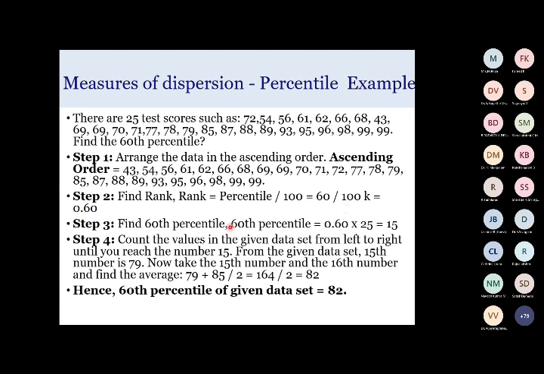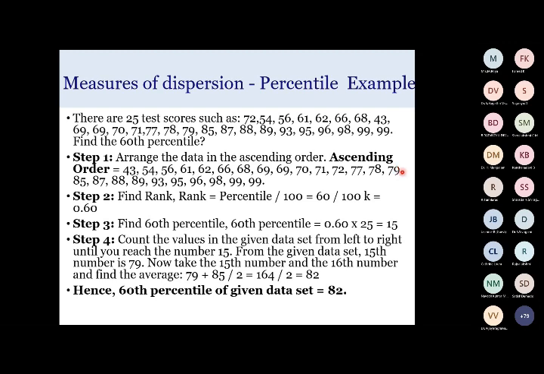Then you have to multiply it with the number of samples. There are 25 test scores. So 0.60 times 25, you will get the answer as 15. So you have to identify the value at the 15th position. In the 15th position, you have the value 79.